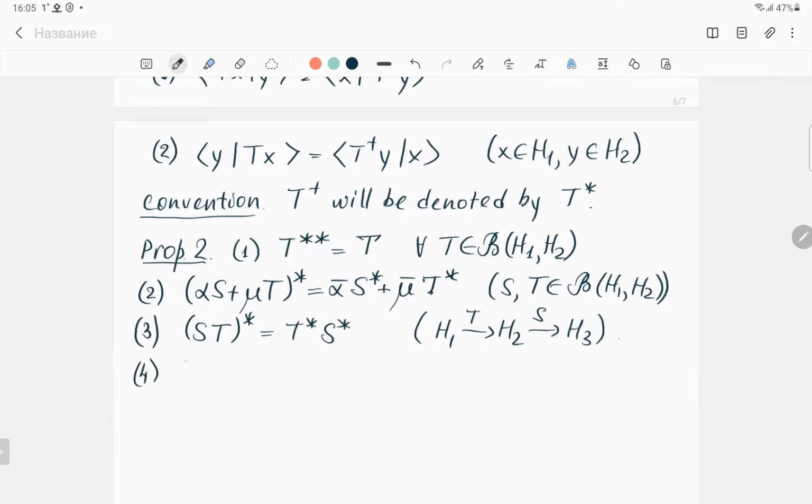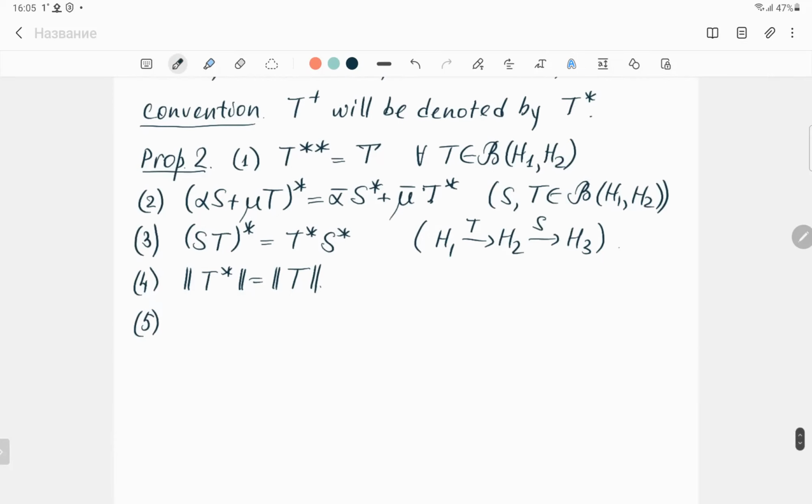Property 4 was already mentioned above. The norm of T star equals the norm of T. And finally, property 5 is the so-called C star property. And it is the following identity. The norm of T star T equals the norm of T squared.